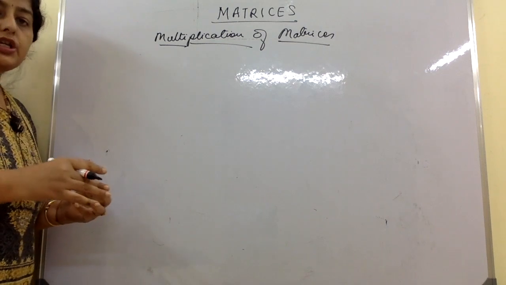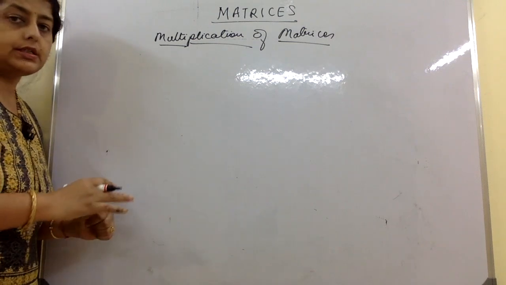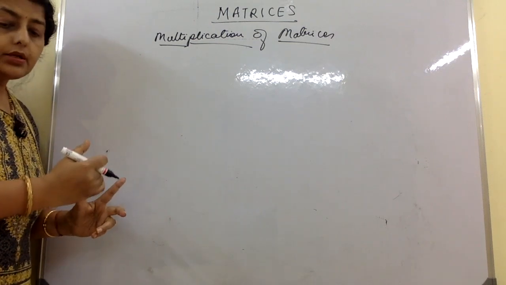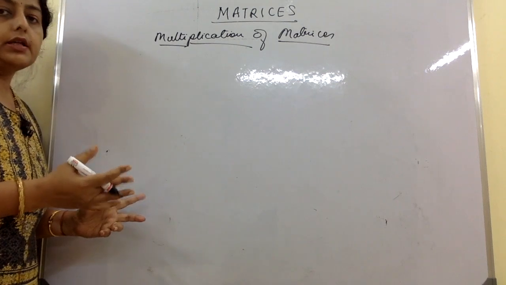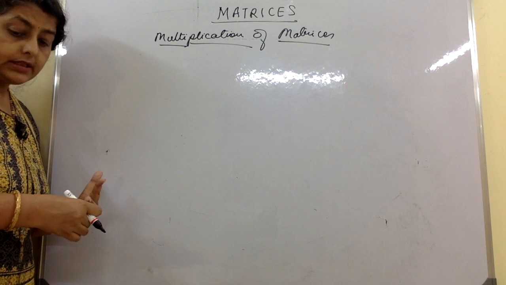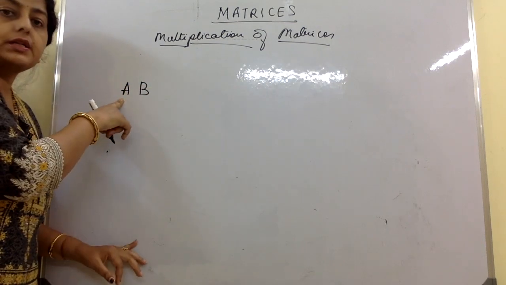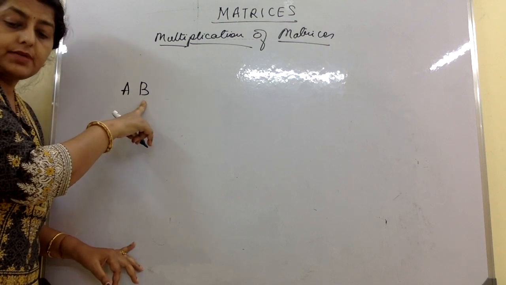Okay, now multiplication of matrices is very different from scalar multiplication which we just did, and there is something called compatibility of multiplication of matrices. What is that compatibility? That is, if I am multiplying matrix A with matrix B, then this becomes the left hand side, this becomes the right hand side matrix.